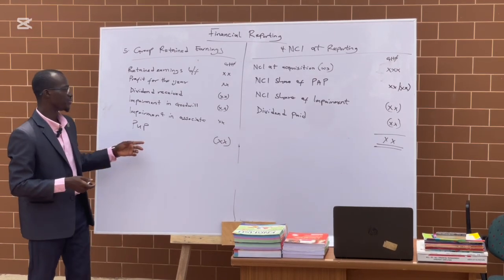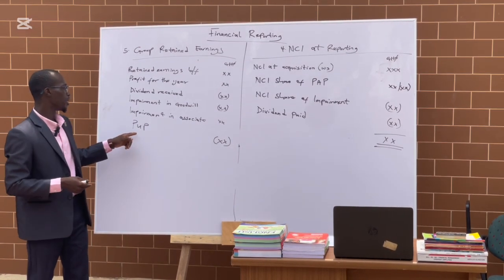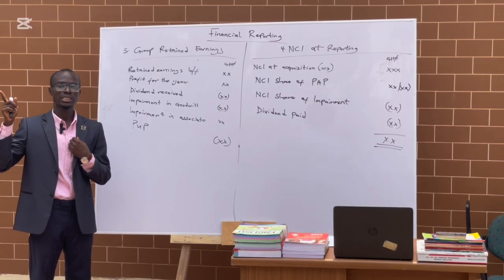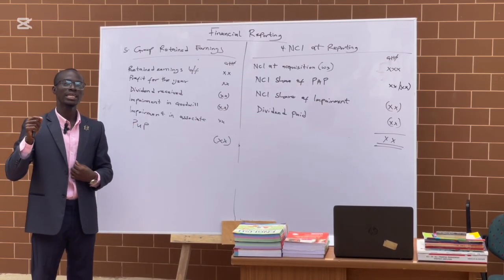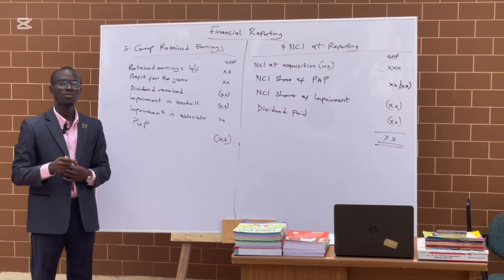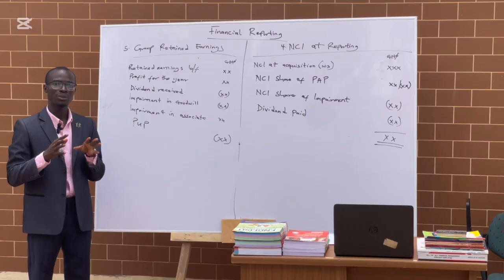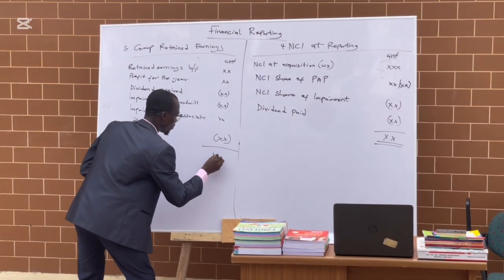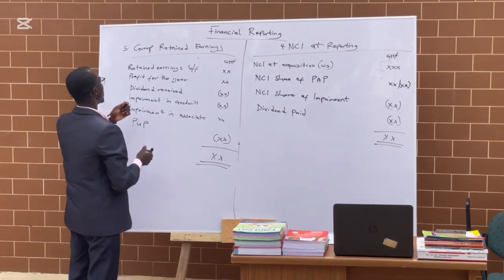So that's why the provision for unrealized profit is coming in. It goes into the net asset of the subsidiary. In any case where the subsidiary is selling to the parent and the parent is still holding some of the goods, that's where the difference between the two comes in. So we can just continue by having our total of the group retained earnings.